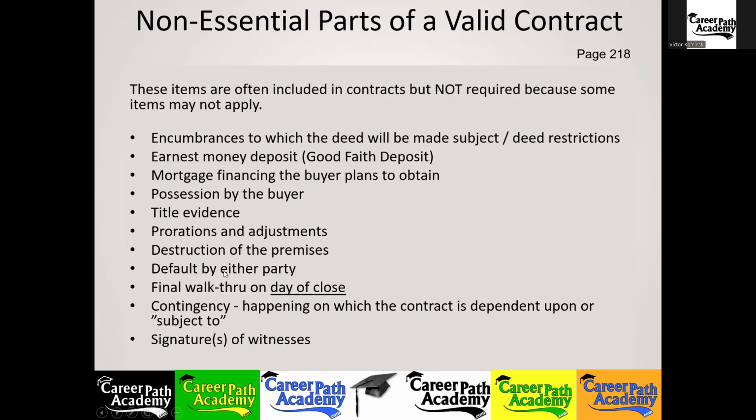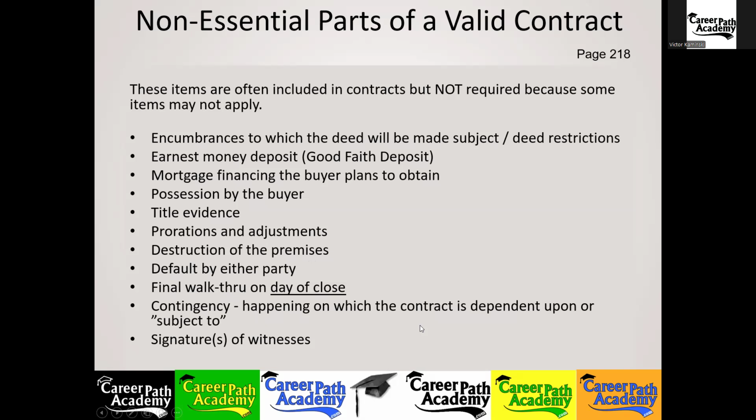Default, what happens in the event of default by either party? We have something about that in our contracts, but once again, it's not a required element. Neither is spelling out that the buyer has the right to do a final walkthrough on the day of close or whenever. But yet we have something pertaining to that.